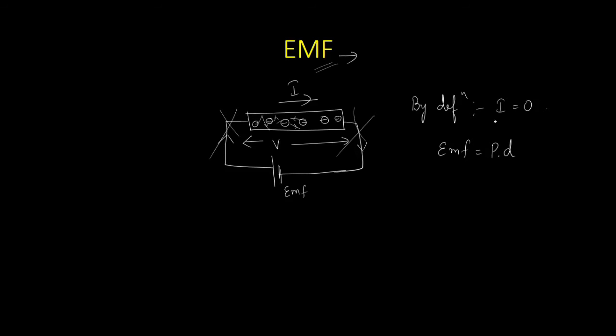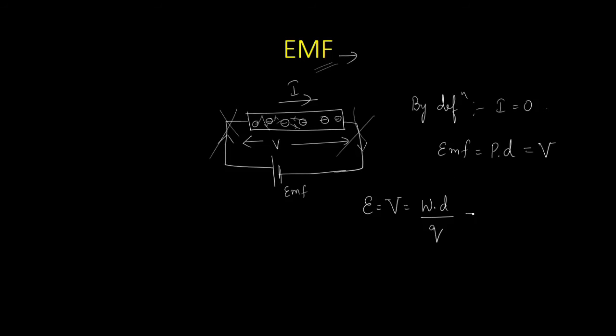This we know. So when there is no external circuit or current flow in a circuit, we can write EMF as equal to potential difference. So we can write EMF is equal to potential difference. Potential difference is nothing but work done in moving a charge from one point to another point against the field. So you must be knowing the definition of potential difference. Therefore, it is work done per unit charge, right?